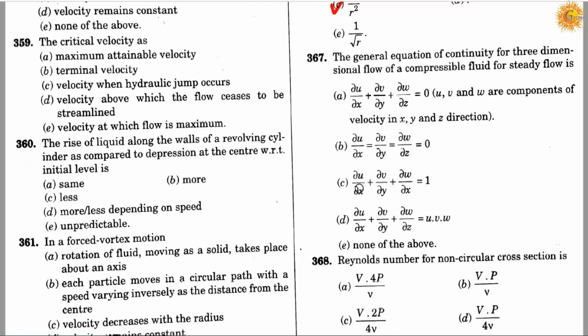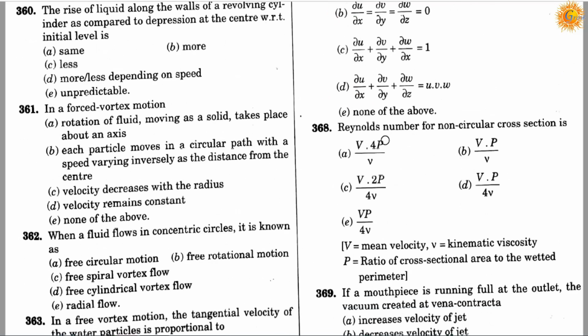Option C, del u upon del x plus del v upon del y plus del w upon del x will be equal to 1. Option D, del u upon del x plus del v upon del y plus del w upon del z equal to u, v, w. Option E, none of the above. Correct answer is A, it will be del u upon del x plus del v upon del y plus del w upon del z equal to 0.